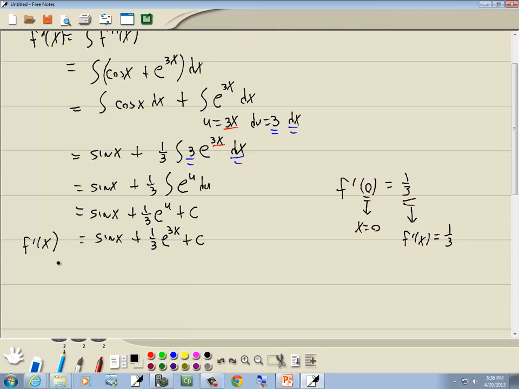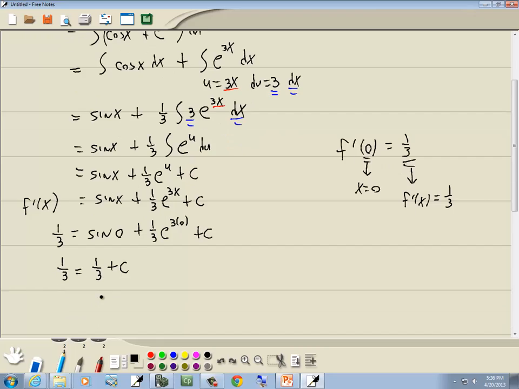The f prime is equal to 1/3, sine of x, which is 0, so sine is 0, plus 1/3 e to the 3 times 0 plus c. Well, sine of 0 is 0, so it drops away. 3 times 0 is 0, e to the 0 is 1, so we got 1/3 equals 1/3 plus c, which implies c is equal to 0.